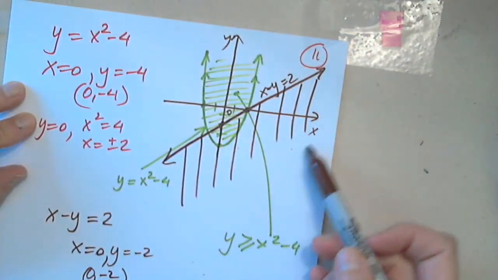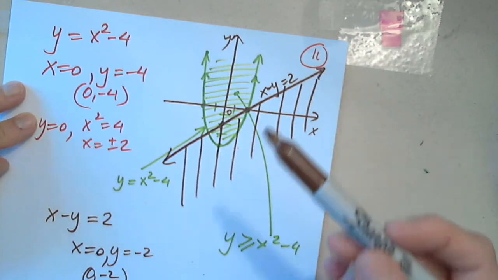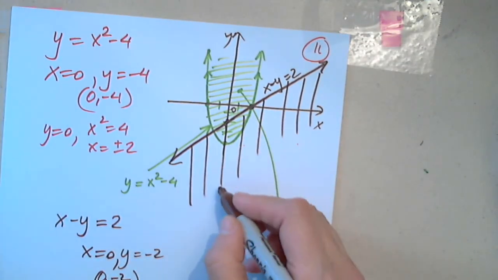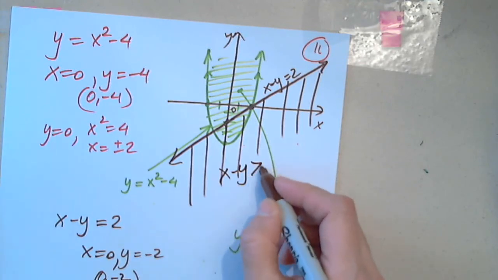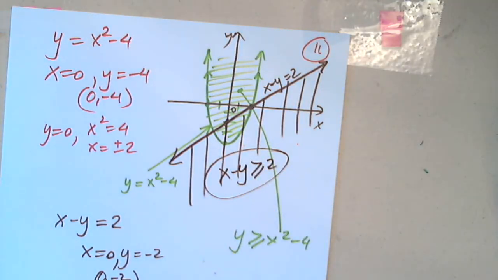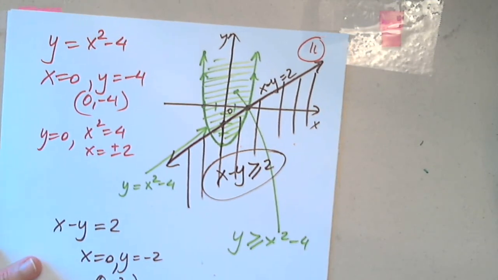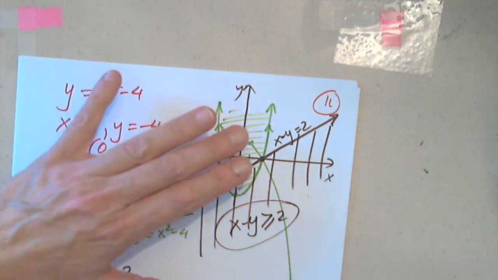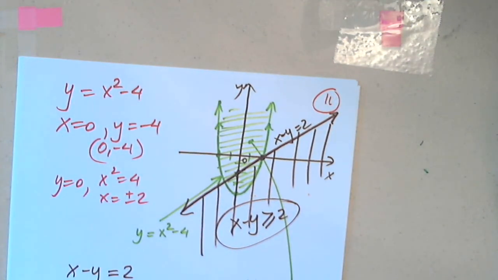What you see here, including points on the line, represent solutions to the second inequality, x minus y greater than or equal to 2. Now, if the green and the brown, the two regions, do not overlap, the system has no solutions.